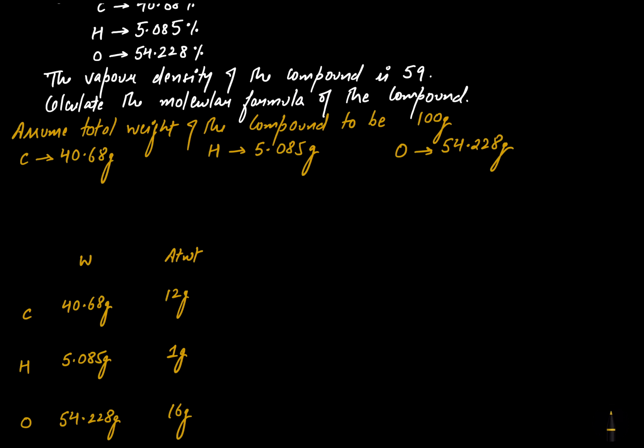Let's calculate the number of moles, that is, given weight divided by atomic weight. It will be 40.68 divided by 12, and it comes out to be 3.39. Now 5.085 divided by 1 comes out to be 5.085.